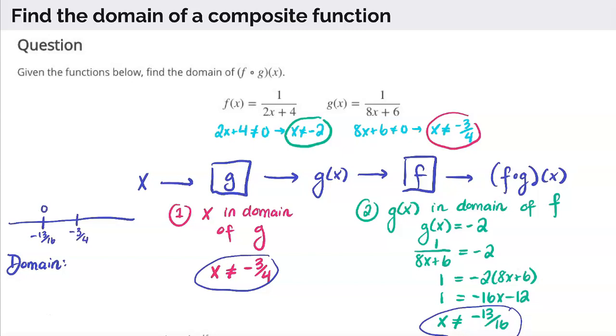So those would be open circles. But we would be able to have everything else, so everything below negative 13 over 16, between the two values, or above negative 3 over 4. So if we had to write this in interval notation, we would have these 3 pieces.